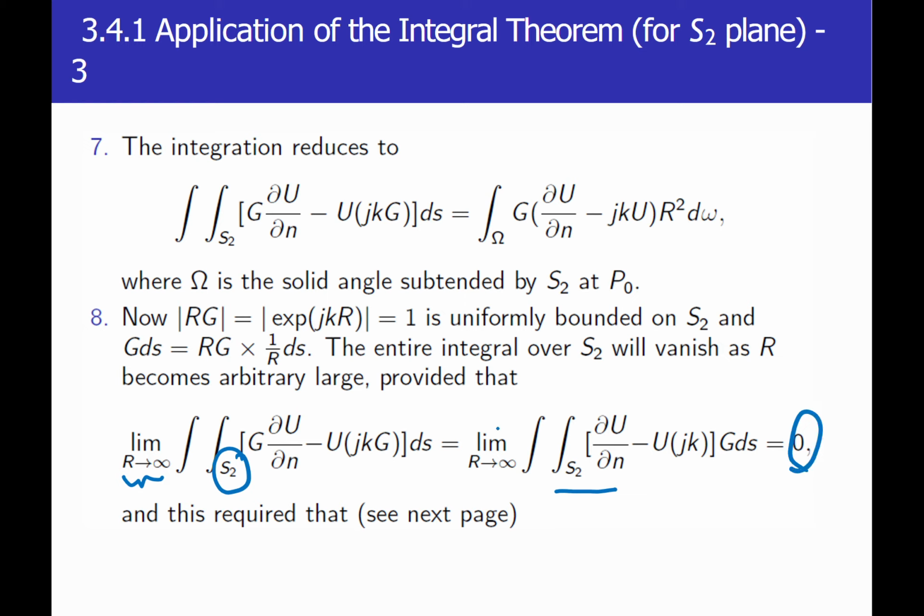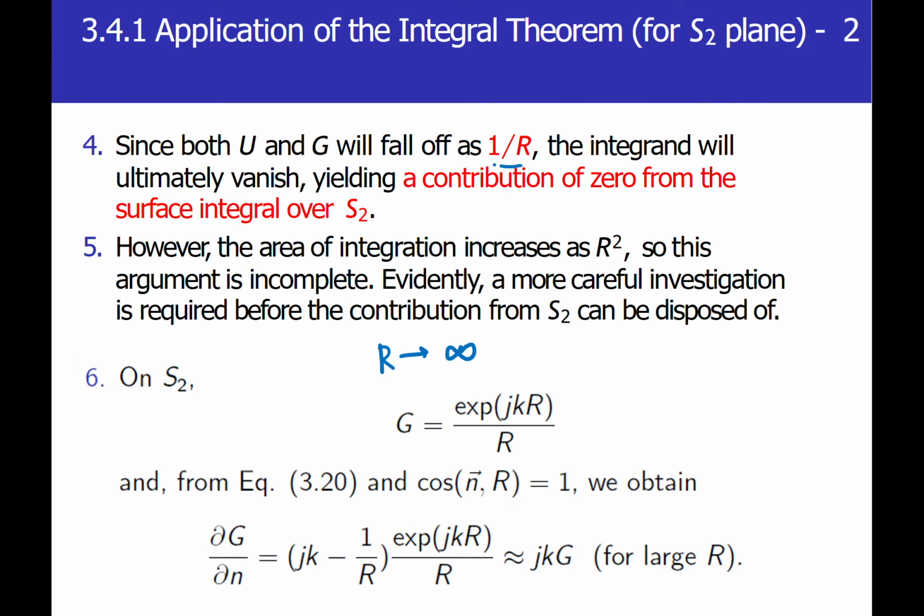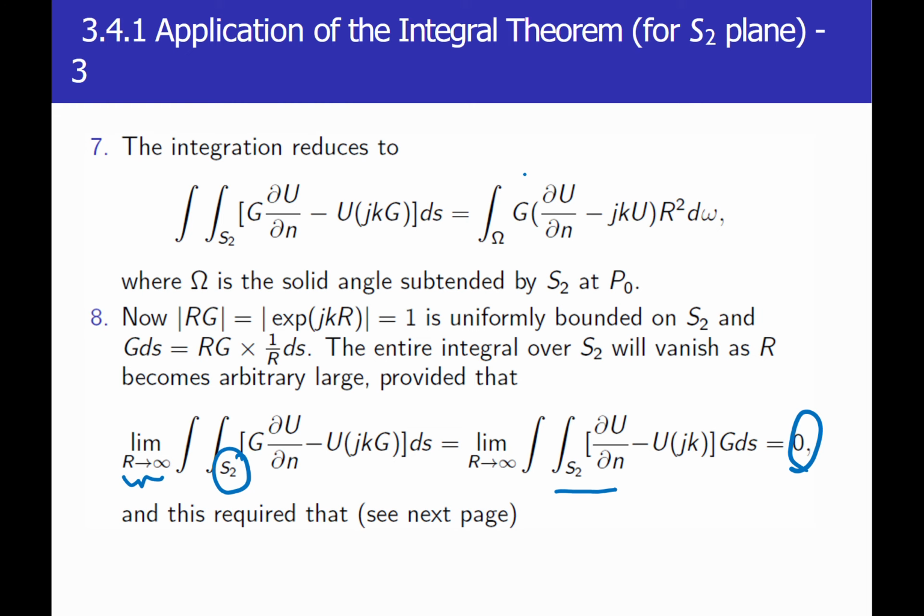Basically both G and U will fall off as 1 over R. If you take the derivative, it is once again 1 over R cubed, and then we have this R squared, such that if R goes to infinity, the whole thing goes to 1 over R, and it should be 0.